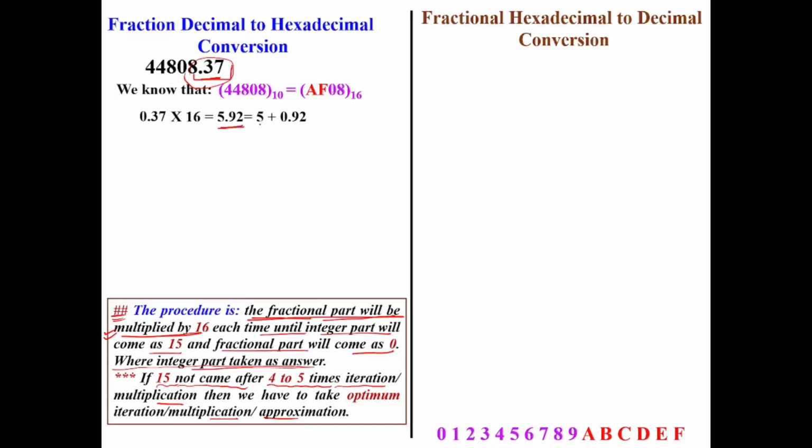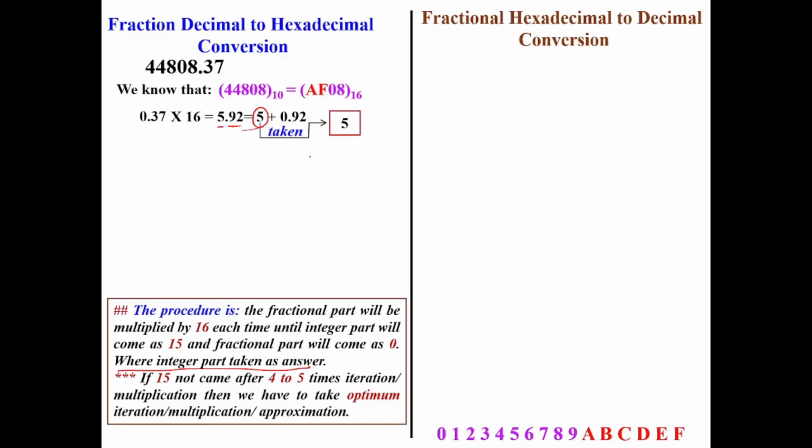For 5.92, 5 is the integer part and 0.92 is the fraction part. Integer part taken as answer, that means 5 will be the answer, written separately.